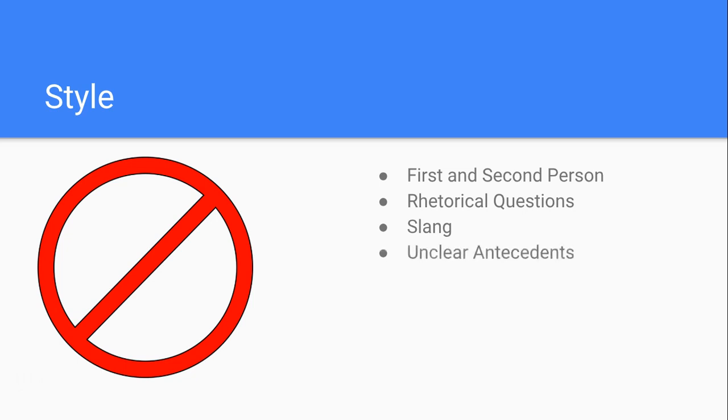And then finally, unclear antecedents. Because a lot of times people are writing about a very specific object and a very specific target audience, then instead of saying the same thing over again, instead of saying young adults, young adults, young adults, or instead of referring to the same idea in 4 paragraphs in a row, then they'll start saying this. The problem is this is not clear, and it can get just as repetitive as those original things.